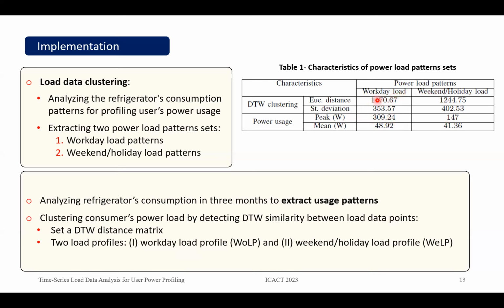For each of them, based on our similarity, we found that the workday load patterns have an average DTW distance of 1170 between consumption data points in a workday. For the weekend class, the data points of the load data have an average DTW distance of 1244.75.